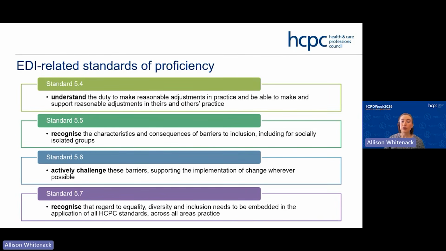For example, there are clear examples of EDI mentioned in the leadership standards, in the standards of proficiency, and there are clear threads of equality, diversity, and inclusion running through several other themes in the standards, especially relating to centralizing the service user in care.